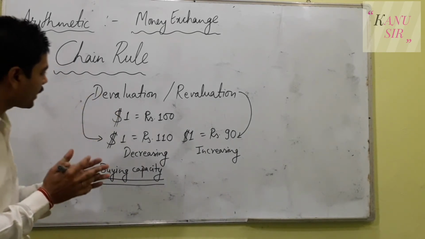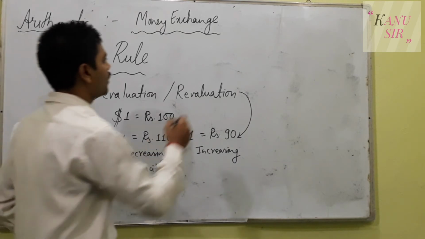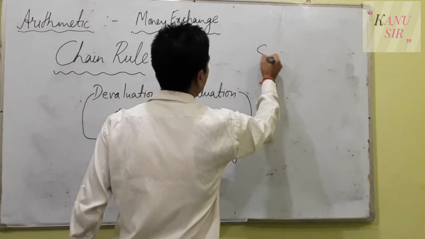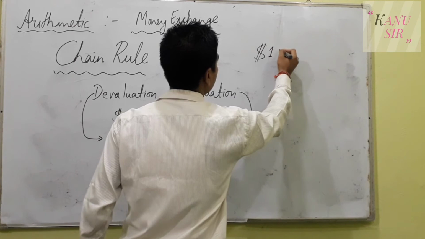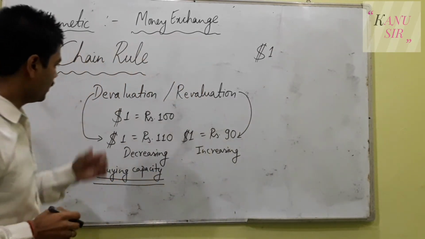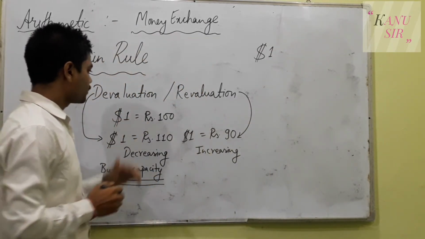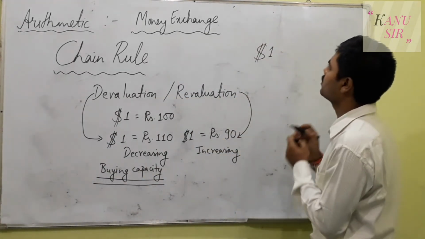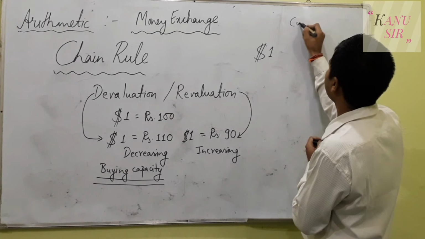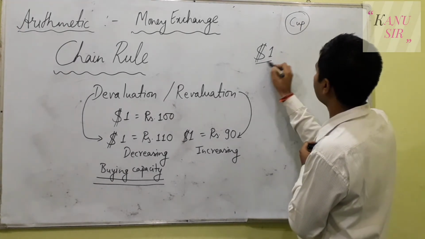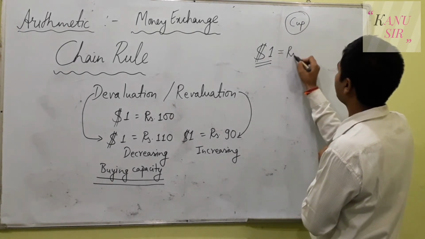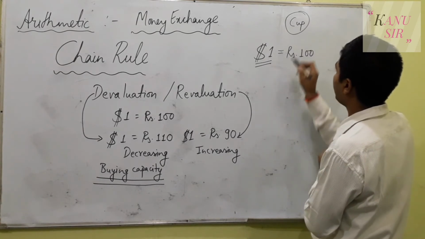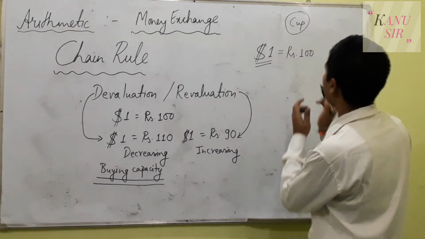Whenever you go to a market and the price of any object is $1 and you have Nepalese currency with you, then at that time you could have bought 1 cup in $1. It means you have to pay 100 rupees for that one piece of cup.